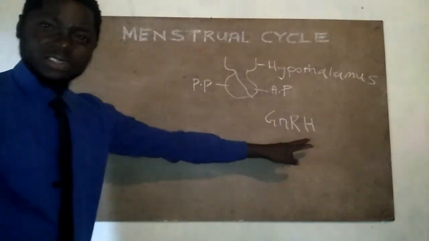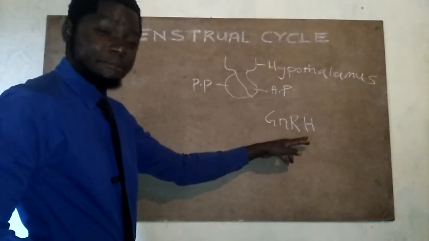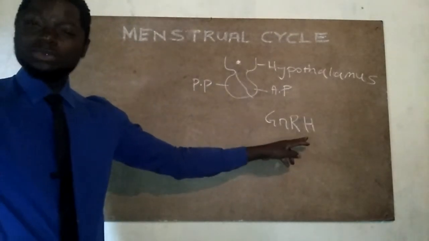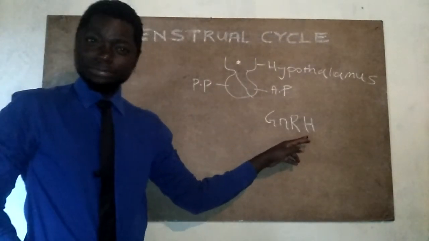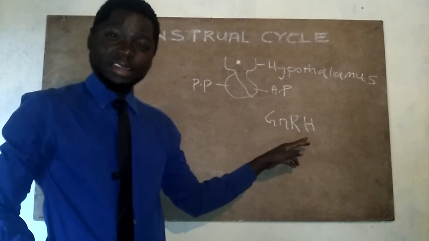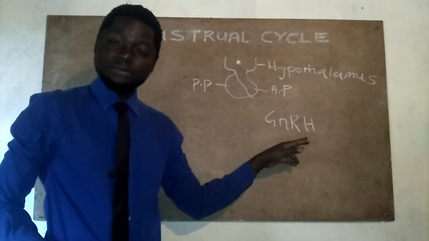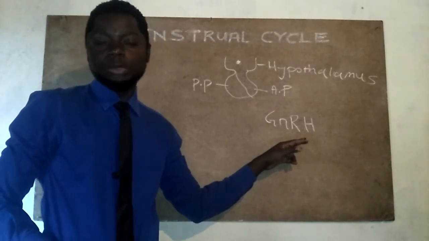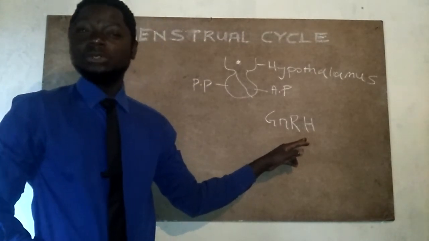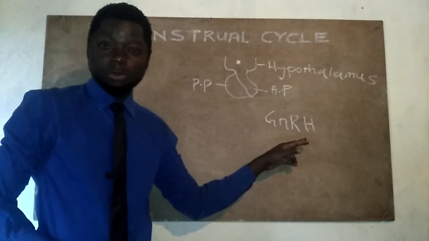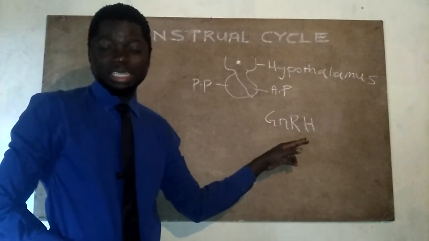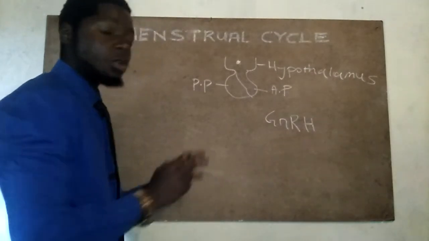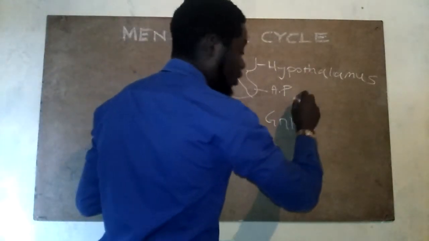This hormone goes directly via the portal system from the hypothalamus to the anterior pituitary gland, and from there it stimulates the cells of the anterior pituitary gland, and these cells are called the gonadotropin cells.